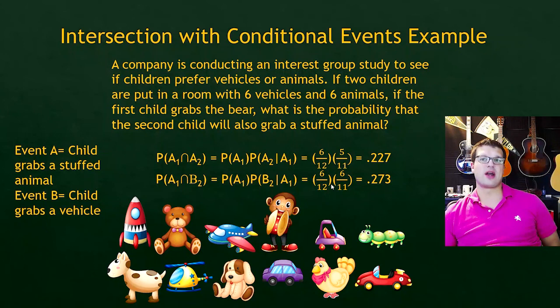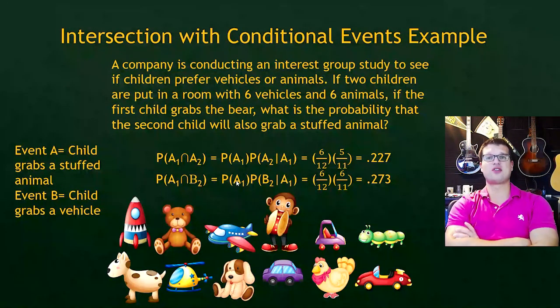Going in a different direction, what's the probability that the first child is going to grab a stuffed animal, and the second child is going to grab a vehicle? The way that we would do that is, what is the probability of the first child grabbing a stuffed animal, which is not dependent on anything, so it's just 6 out of 12 again.